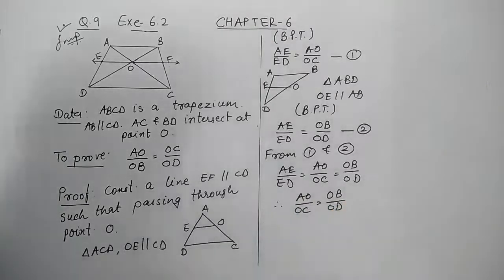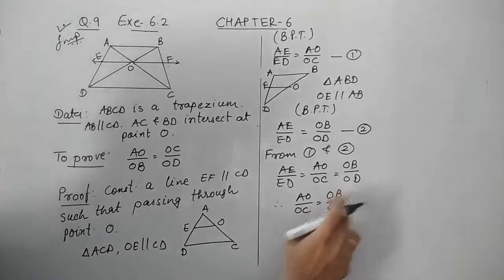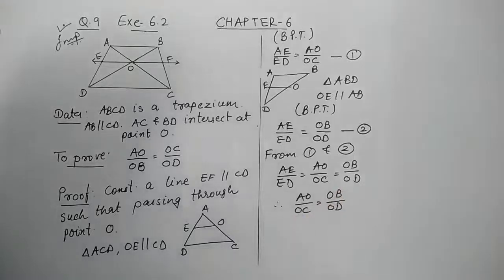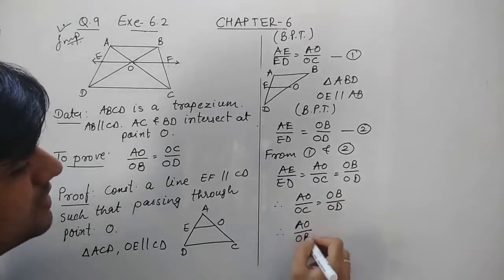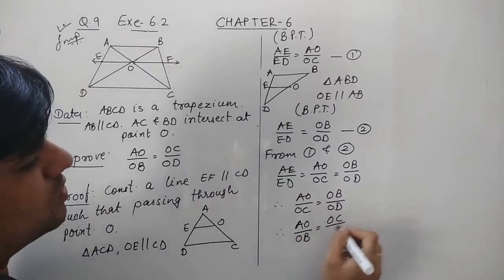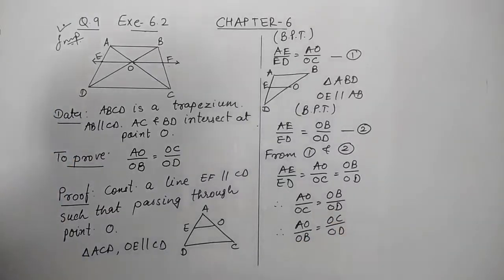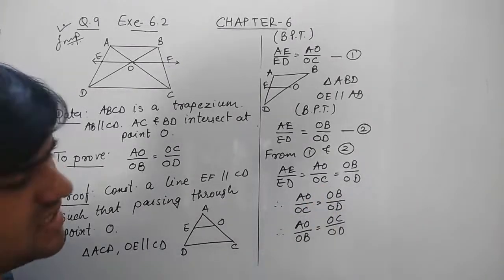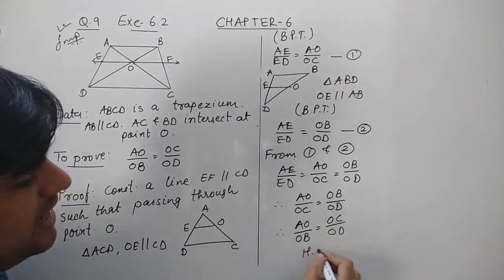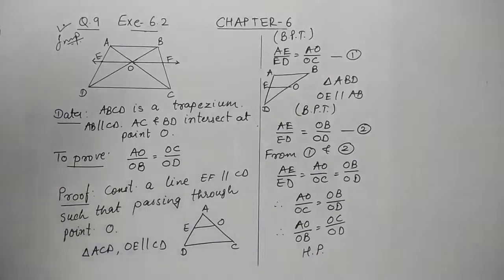This is not exactly what we require to prove. I need this term here and this term here. We can write it down: AO upon OB is equals to OC upon OD. That means when we change the sides, that won't change the value. So hence this is proved.